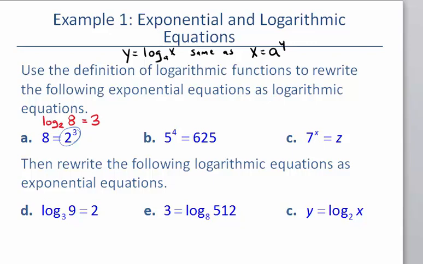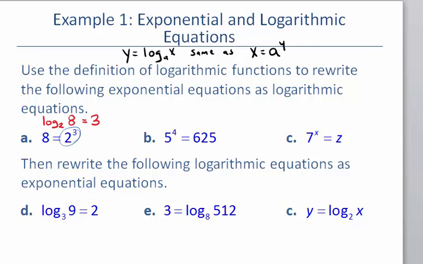All right, so you may find that the second set of problems is a little bit easier to work with first. So why don't we try that, and then we'll come back and deal with the other two. So rewrite the following logarithmic equations as exponential equations. So we're going to start with the base. So log base 3 of 9 is equal to 2. What part of that is the base?